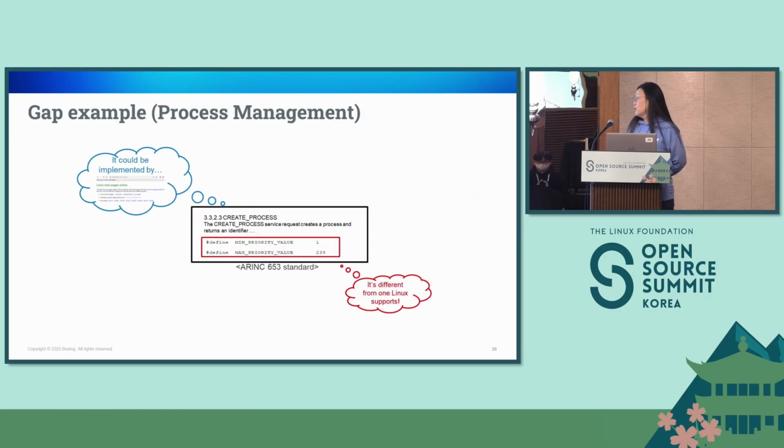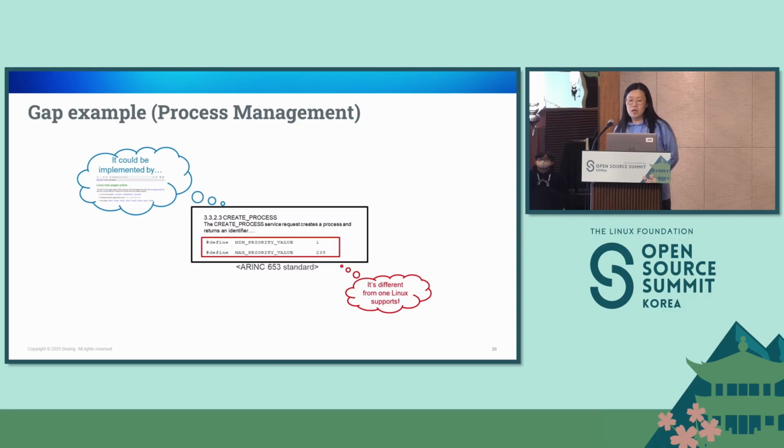Right. If we look at the APEX specification related to process management, we see a phrase like the one in the middle. The create process service request creates a process and returns an identifier. Based on the phrase alone, it seems like any process creation system call or the POSIX API provided by the Linux kernel would work.